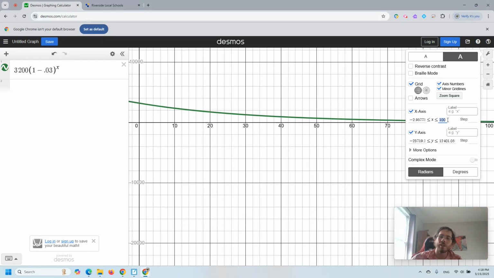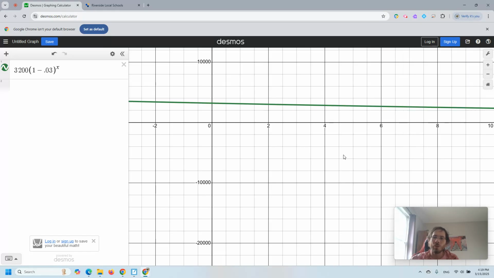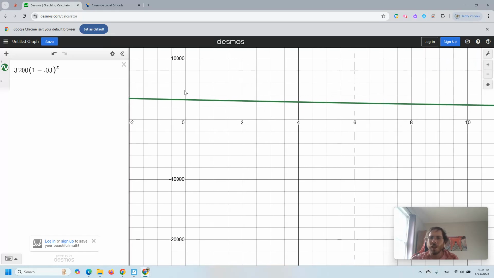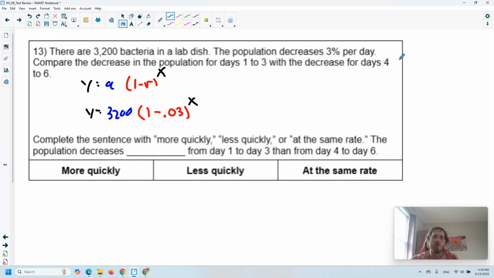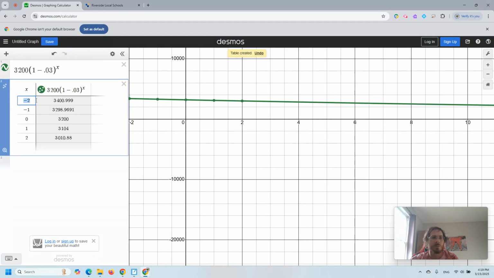There's not really anything that's great for this one, because a good window would actually be a little ambiguous, because this kind of looks like a straight line, even though we know it's not. We know we're going from 1 to 3 and 4 to 6 in x, and we can't really see anything that good from 1 to 3 or 4 to 6. So what I'm going to do is make the table again.